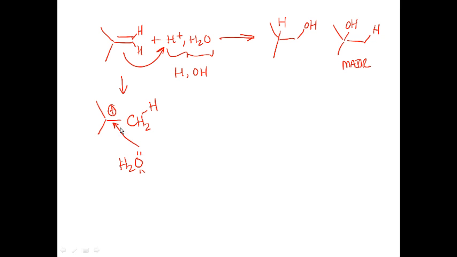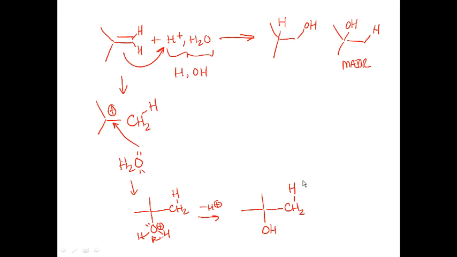My H2O comes in and adds to that carbocation to form my oxonium ion. And then I lose my H plus to give me the final product, which is the Markovnikov product of that reaction.